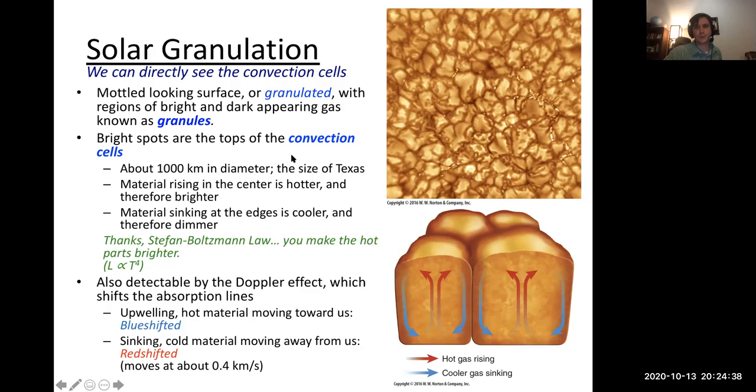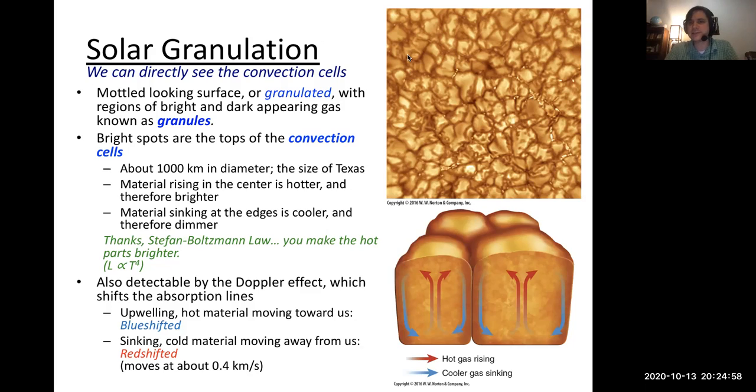And what's even cooler is not only can we see the tops of the convective cells, we can actually measure the convection itself. That hot material coming up towards the surface of the sun is traveling toward the Earth. And where it's sinking back down, it's going back towards the center of the sun, moving away from the Earth.